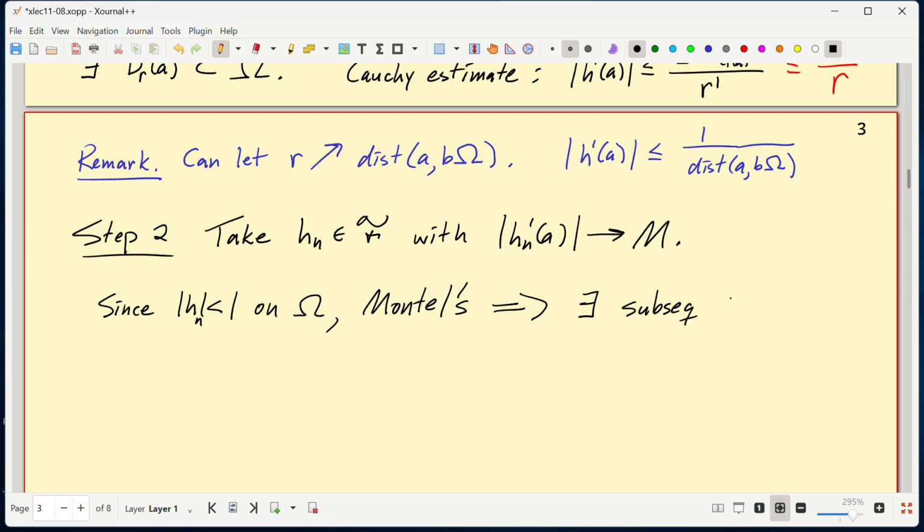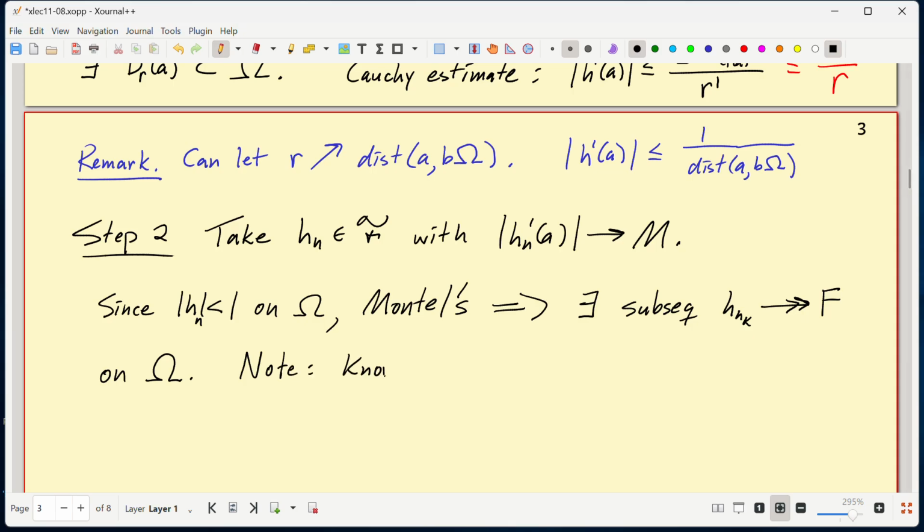Subsequence HNK, which converges uniformly to something. Let's call it capital F on omega. And we note here that that limit has to be analytic.